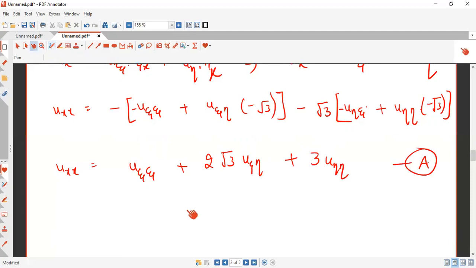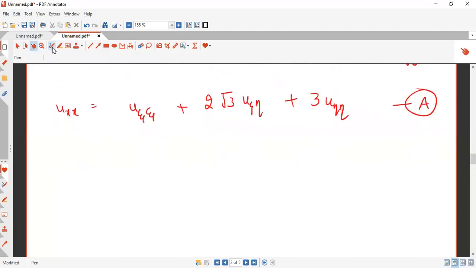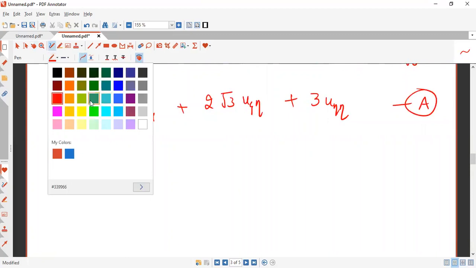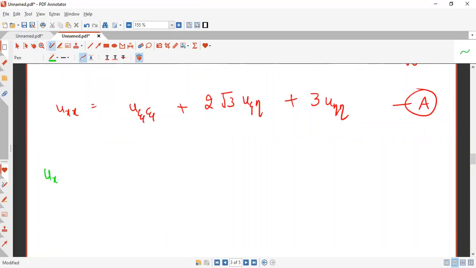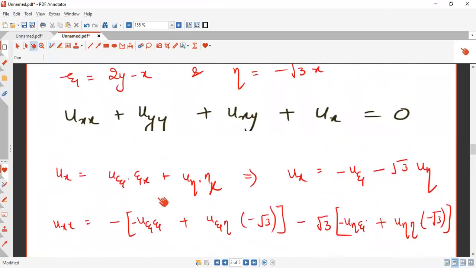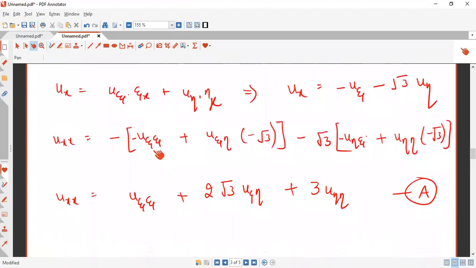Now let's do uxy. That means this ux you have to differentiate with respect to y.